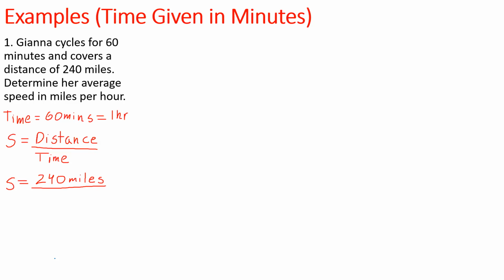That's absolutely incorrect. We have to use the 1 hour. Why do we have to use 1 hour? Because they tell us they want an average speed in miles per hour. So it's gonna be 240 over 1 hour. So the average speed is going to be what?